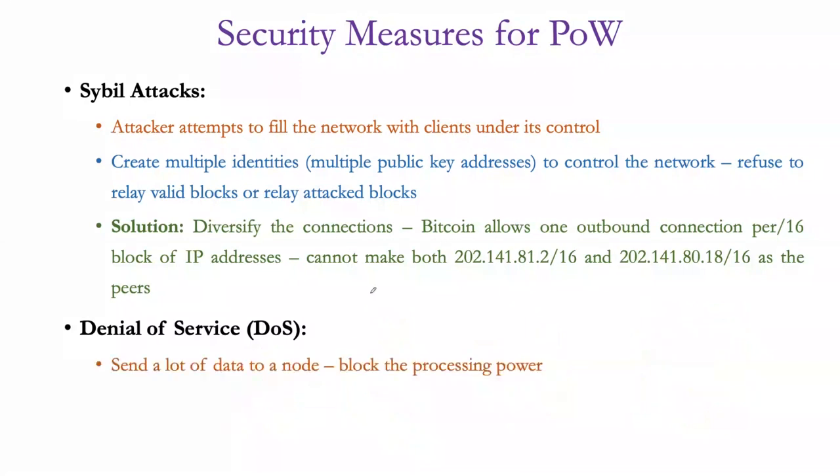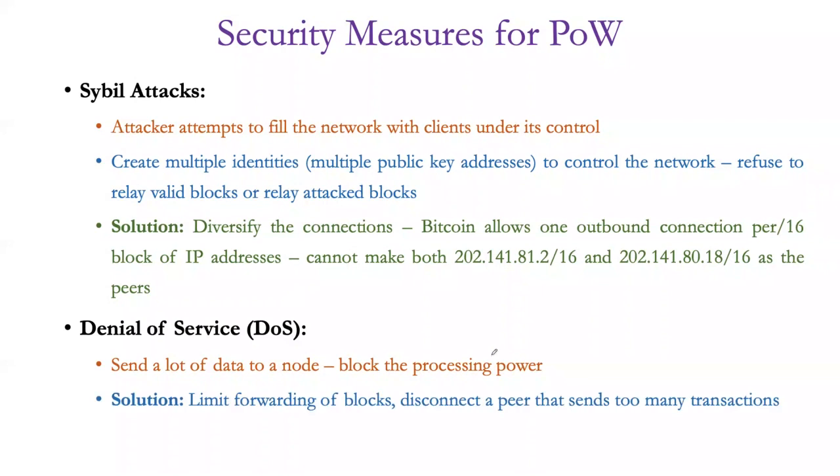Another way is that they send a lot of data to a node, blocking its processing power and making other miners too busy with unwanted transactions, so that the malicious sender can take only the honest nodes' transactions, confirm, validate, and add them. That is another way of doing denial of service.